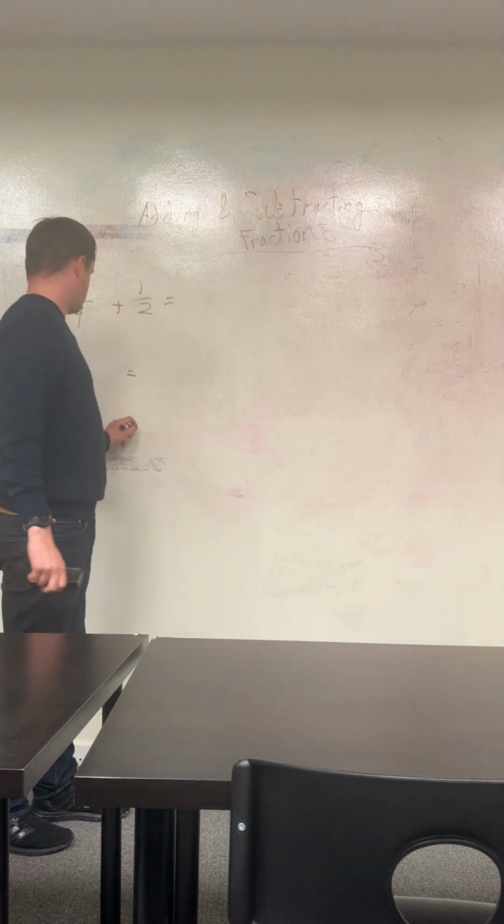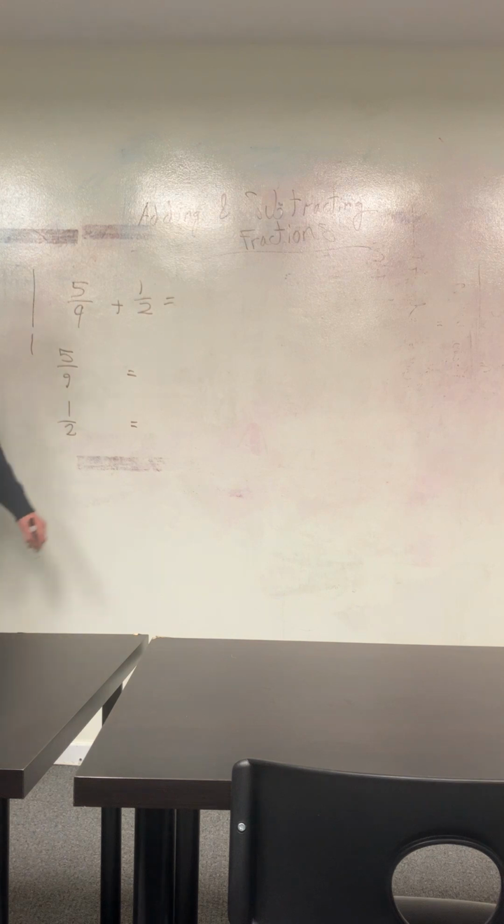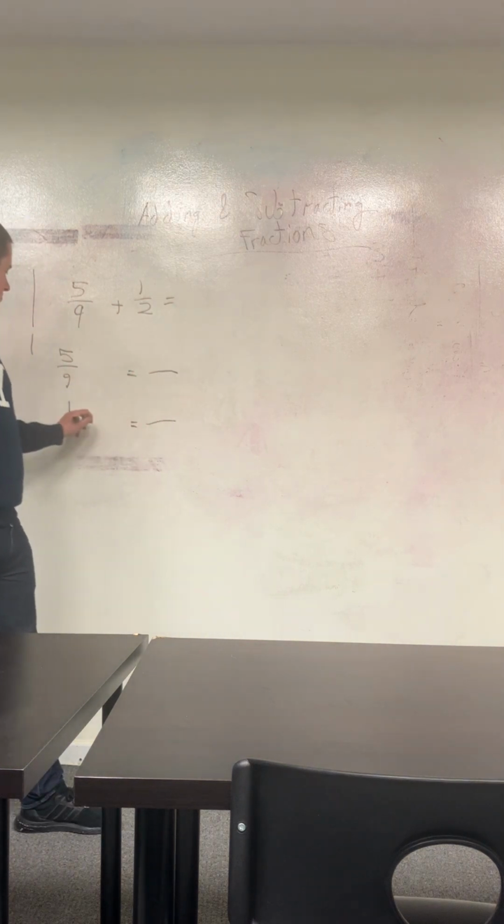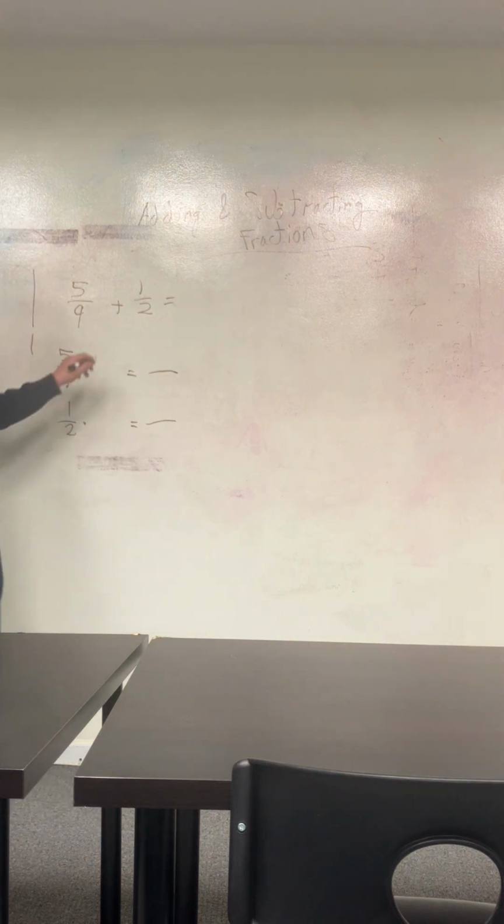So we've got to make these have the same denominator. What can we multiply them by? It's got to be something over something, the same number over the same number.